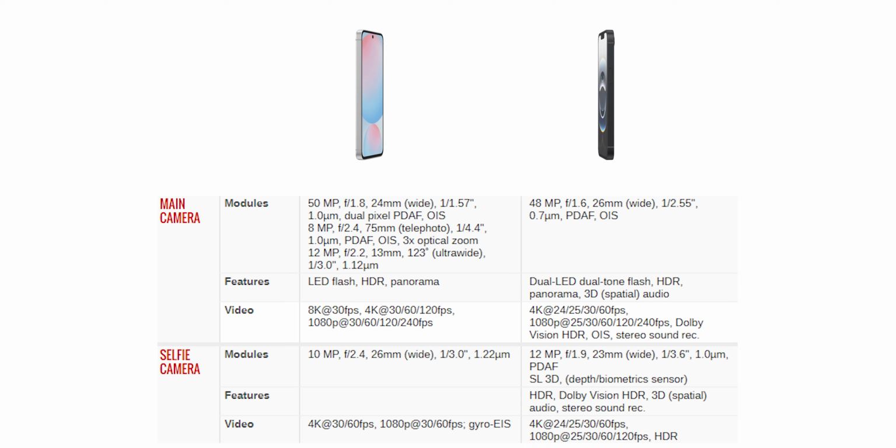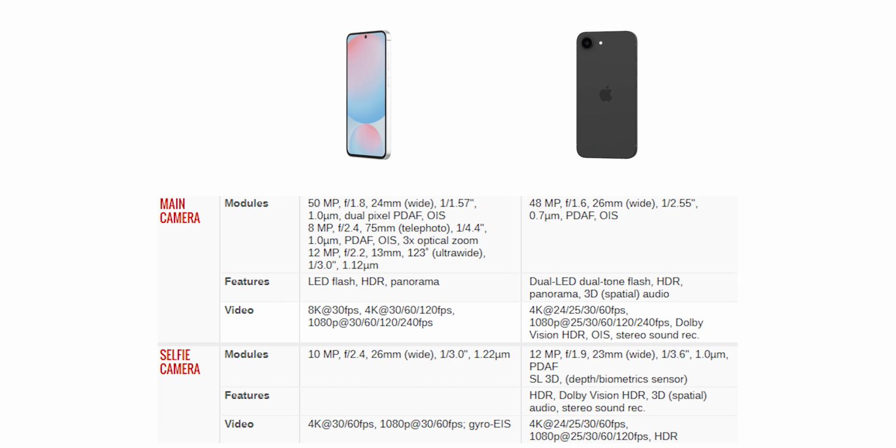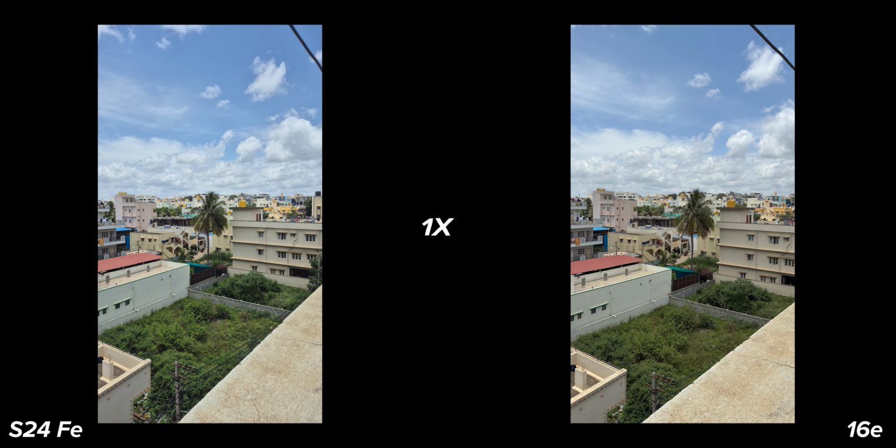Instead, I'm comparing the minimum and maximum zoom levels available on the iPhone 16e with the same range on the S24 FE. You can check the text on each image to clearly understand at which magnification level the photos were taken. Due to the differences in megapixels and sensor sizes, the photos will naturally differ when zoomed in.